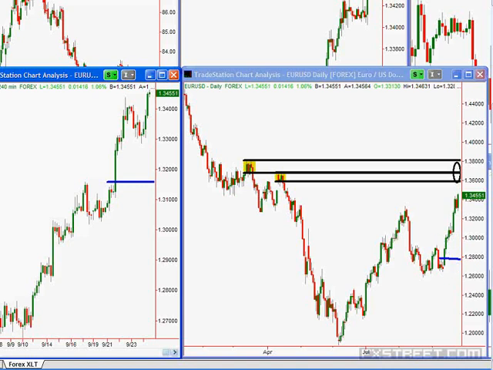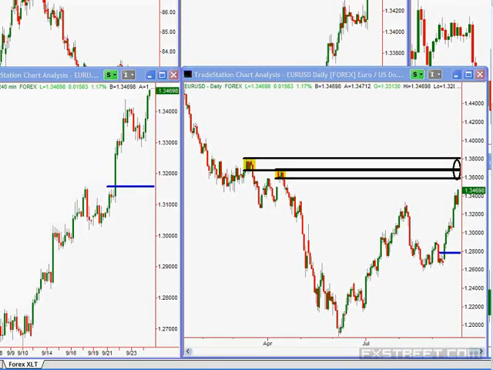Remember, when we're for profit taking on the buy side, we always want to get out before prices hit the demand level, because if we wait for prices to hit the demand level, there's competition to buy, and we don't want to buy when there's competition to buy for profit taking. If we're buying to get into a trade, then we want to wait for the demand level, right? We want to keep it very low risk. Okay?